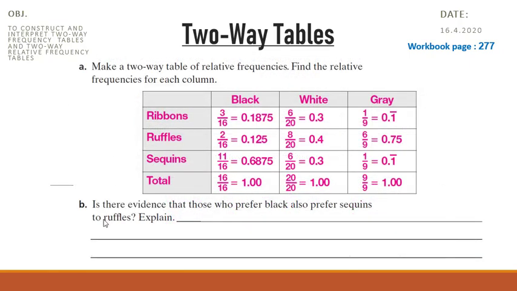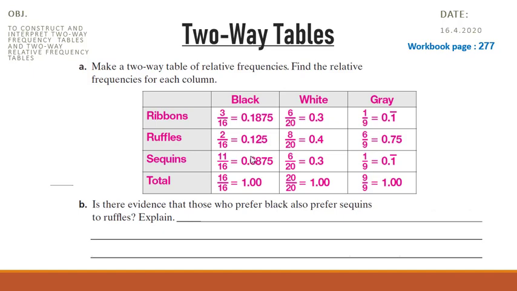Okay, in the second part of the question, is there evidence that those who prefer black also prefer... Mujtaba, are you with me? Yes. Do you have the answer? We will compare the black and the sequin.